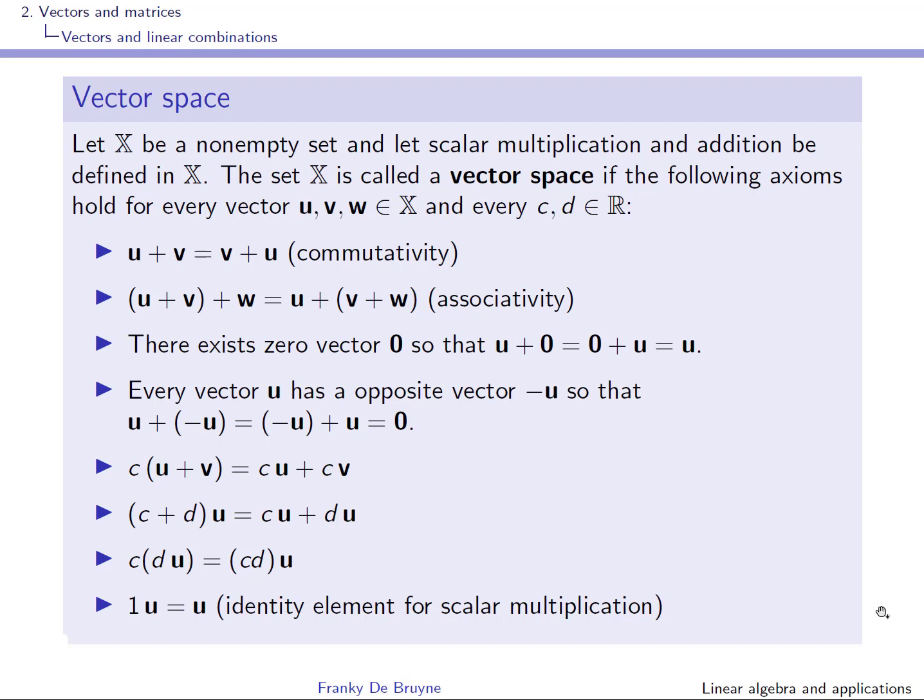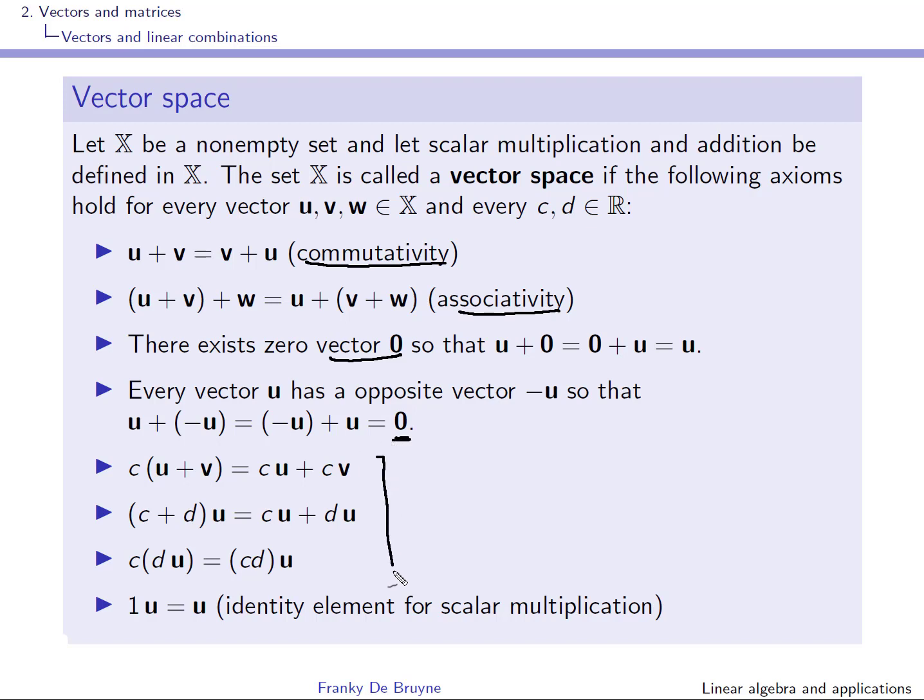The properties are commutativity, so the vector sum is commutative. Associativity. There exists a zero vector, so if you add any vector to 0, you obtain the same vector. Every vector has an opposite vector, so that you can produce the zero vector.